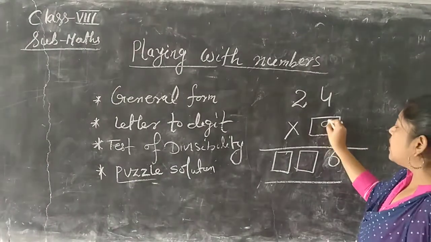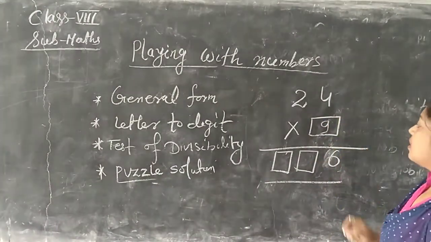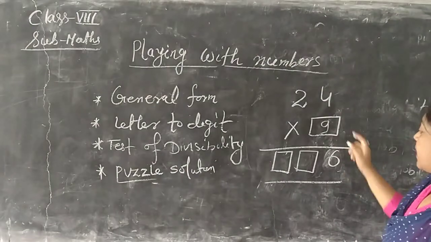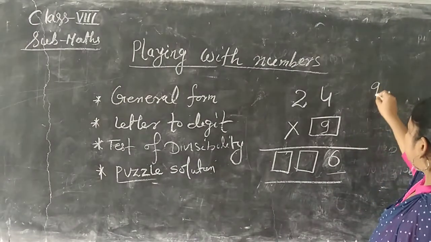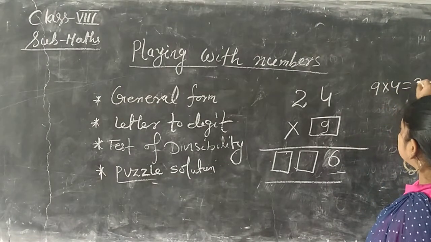We write now the 9. 9 times 4 is 36. We multiply 9 into 4, which is 36.